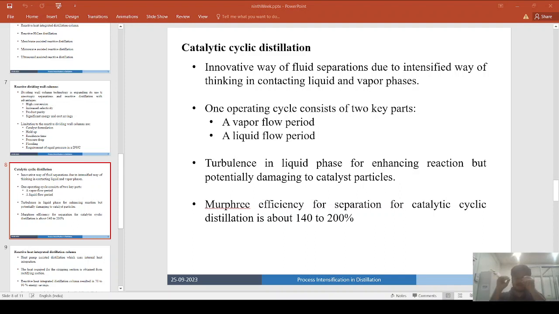So you can also perform slower reactions in catalytic cyclic distillation towers.